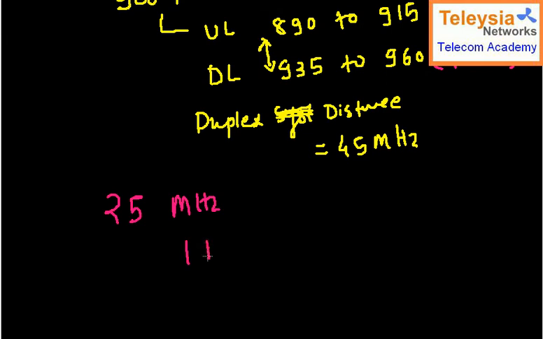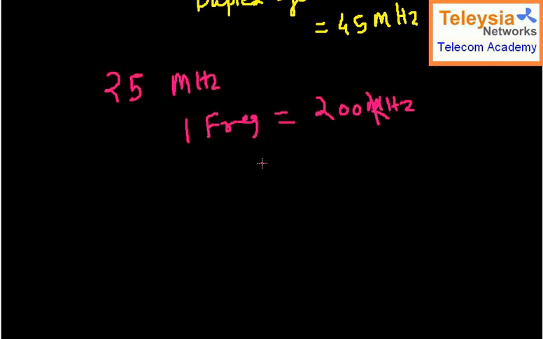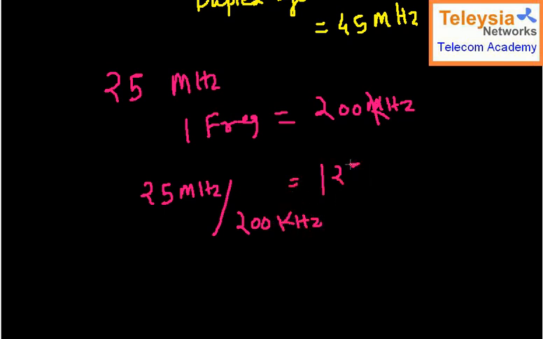So one frequency in GSM is equal to 200 kilohertz, not megahertz, my mistake. If you divide 25 megahertz by 200 kilohertz, you will get 125 frequencies.